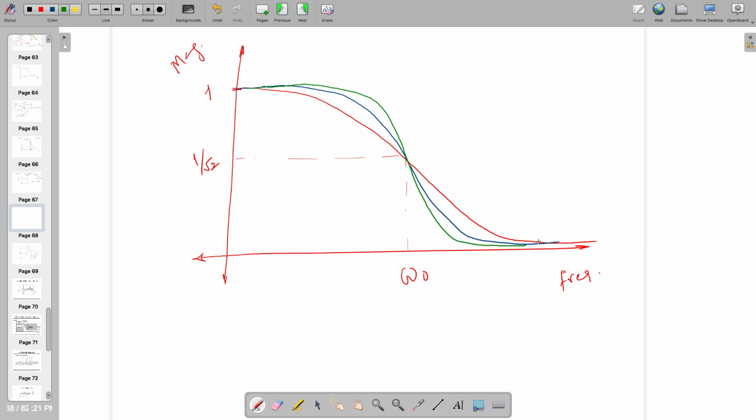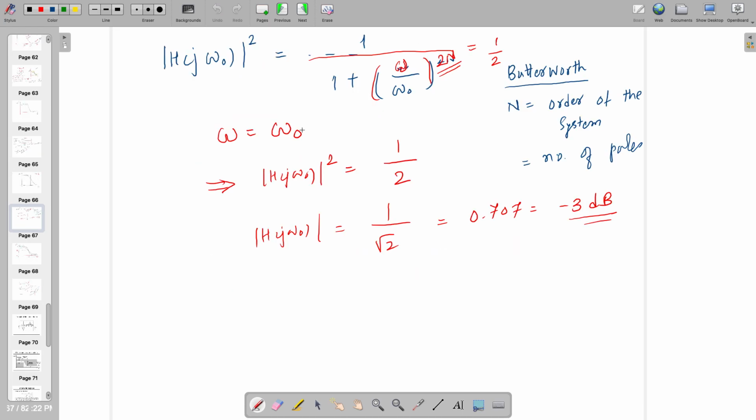Fourth order will give you minus 80, and as you increase the order, it will become better and better. However, you are not going to see any ripples over here, so it's always maximally flat, and this point is always omega 0. And remember, we are normalizing the whole transfer function at omega 0.